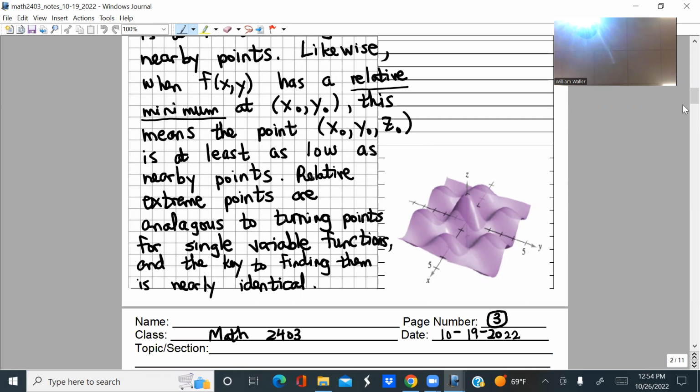A relative maximum or relative minimum does not have to be the highest point on the entire surface, or the lowest point on our surface. It just means it's the highest point or the lowest point in a particular neighborhood. So any peak point on a surface is called a relative maximum. Any valley point on the surface is called a relative minimum. If it was the highest point anywhere on the surface, that would be called the absolute maximum. If it were the lowest point anywhere on the surface, that's the absolute minimum.